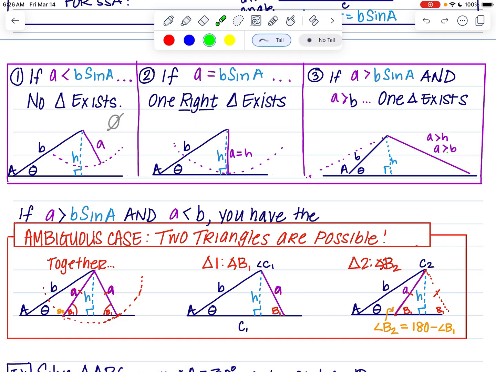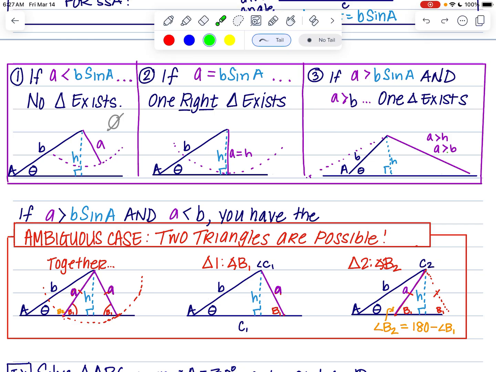So the parameters that you're given could allow for two triangles, and this is called the ambiguous case of the law of sines. It's called that because it's not clear what the answer is, because there's more than one. There are two possibilities.